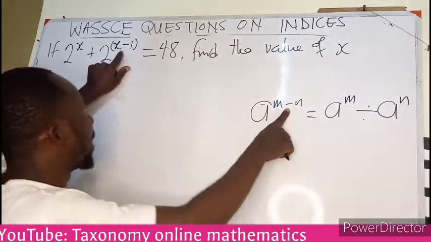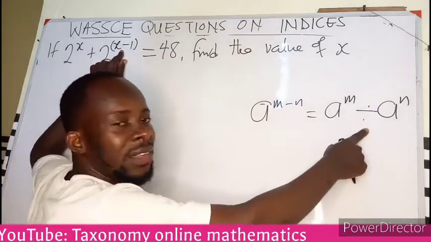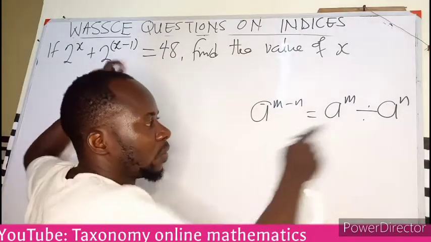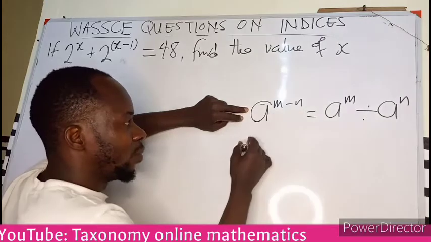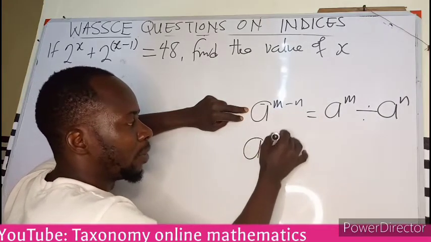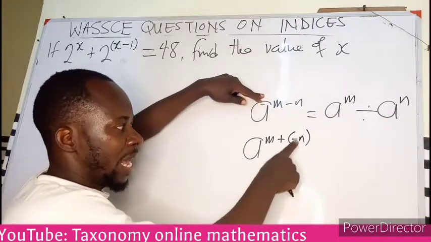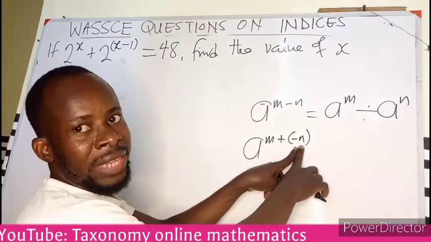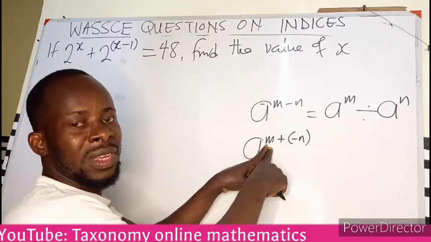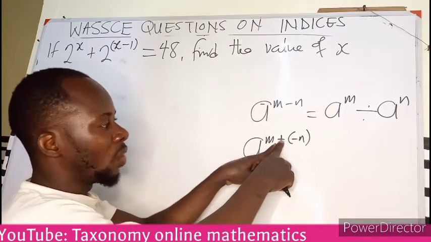So this minus I'm seeing in there is just from the division. Or we can take this to be a exponent m plus minus n, the minus n as one term being added to this.